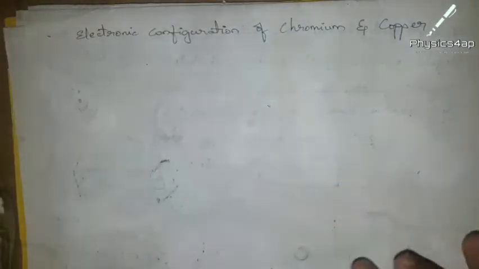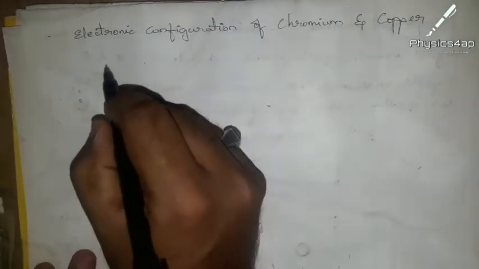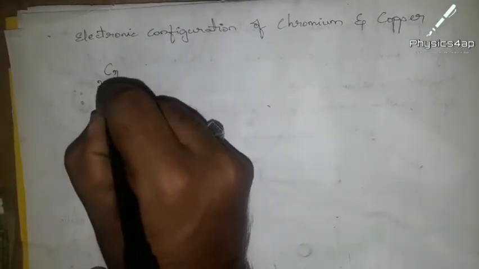Now coming to the last, we have some violated rules for chromium and copper in their electronic configuration. The chromium symbol is Cr, and its atomic number is 24.